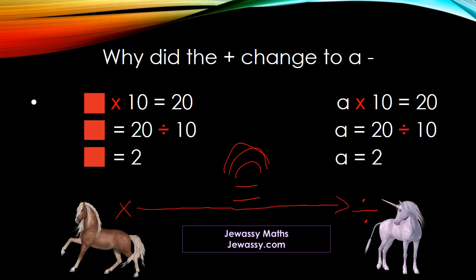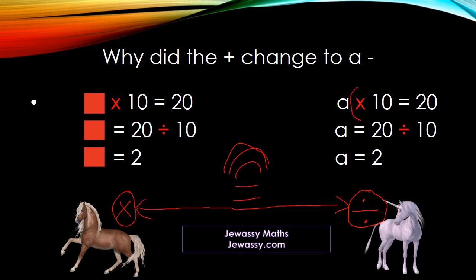So it goes from a multiplication sign to a division sign. And the opposite is also true. If a division sign or unicorn were to go under the rainbow, it would change into a horse, or into our multiplication sign.